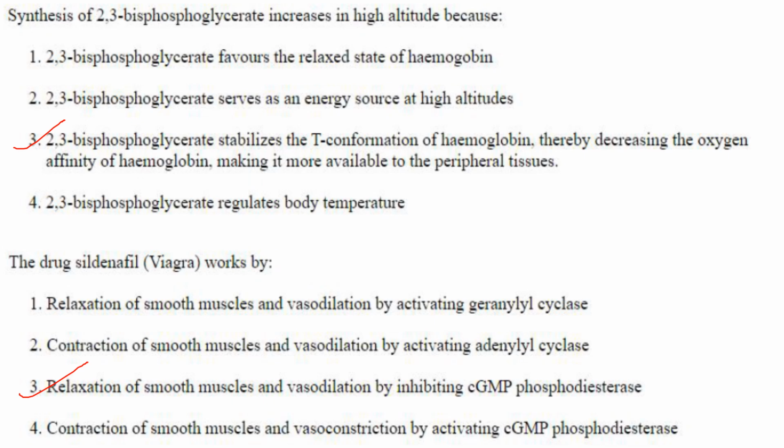No. 2,3-bisphosphoglycerate serves as an energy source at high altitude? No. It is involved in oxygen affinity for hemoglobin. So 2,3-bisphosphoglycerate stabilizes the T conformation of hemoglobin. Yes. Thereby decreasing the oxygen affinity of hemoglobin. Yes. And making it more available to the peripheral tissues. That is the correct answer. Answer is option 3.